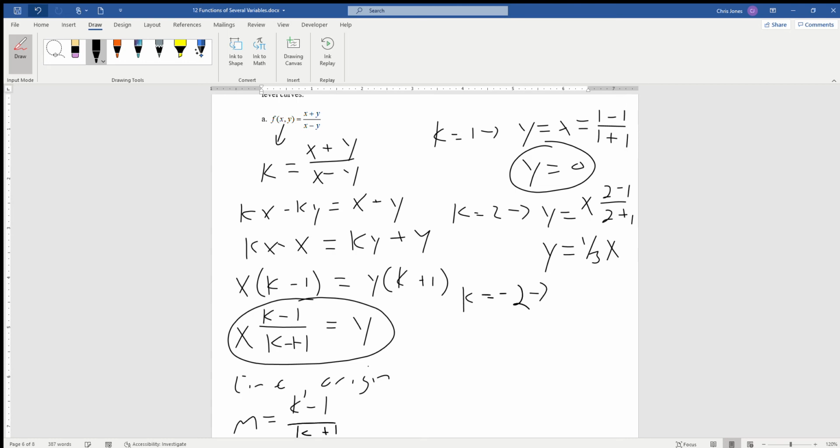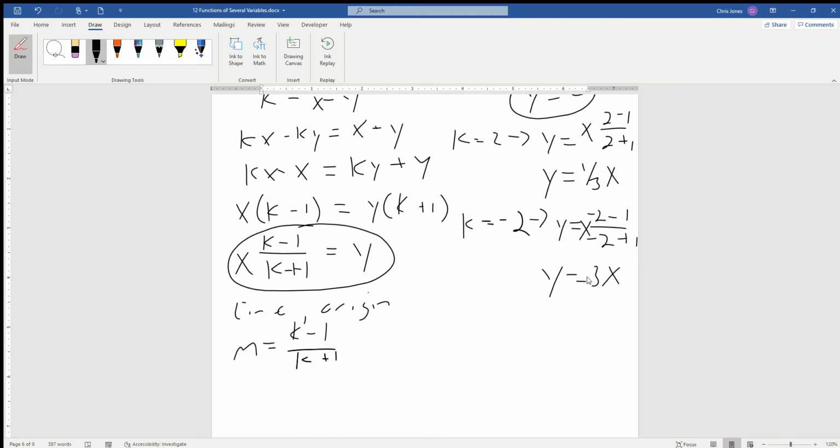Then y is equal to x times negative 2 minus 1 divided by negative 2 plus 1, which means y is equal to 3x. There could also be negative slopes, like if k were a half, then it would be negative. A couple of these level curves would probably look something like this.